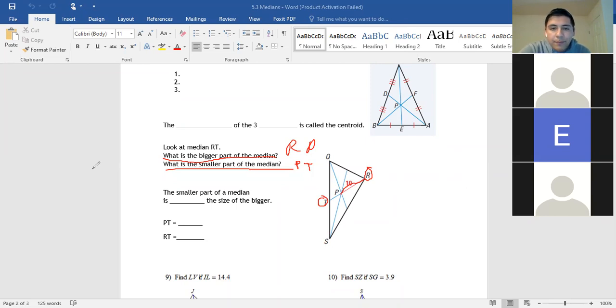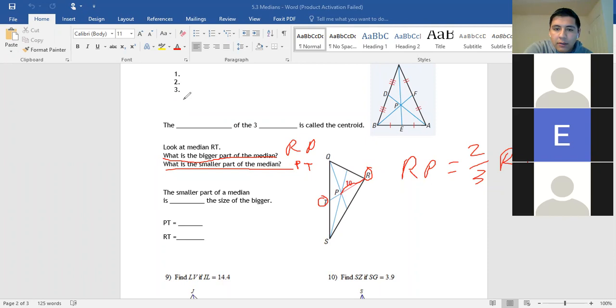Now here's what we know. Okay, actually the other way around, I keep doing this backwards. The bigger part of the median, R to P, is 2/3 of the entire thing.